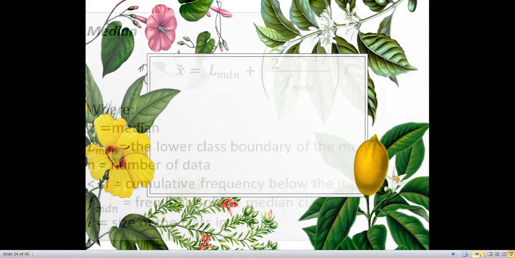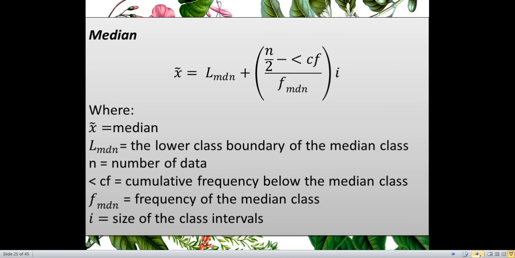How about the median? We have another formula for the median. The median equals the lower limit of the class boundary of the median class, plus n over 2 minus less than CF, all over f of the median, times i. Here is the meaning of each symbol in the formula.